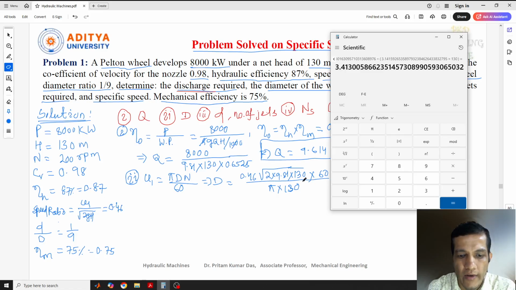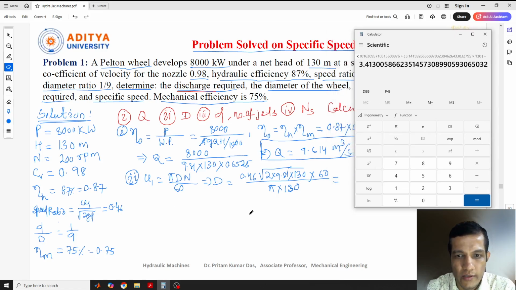Anyway, whatever value we got here, we'll put the value here. Pi d n by 60. 60 is there, and U1, the U1 value, how much did we get? That is most important here. So U1 is nothing but 0.46 given. Let me do it individually otherwise. First I'll calculate the U1 value.